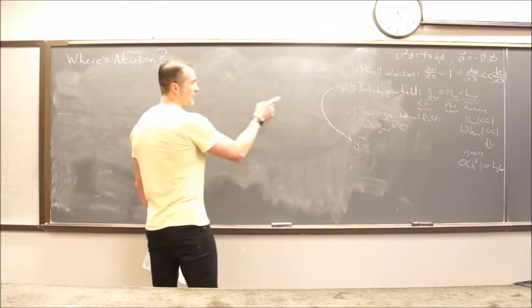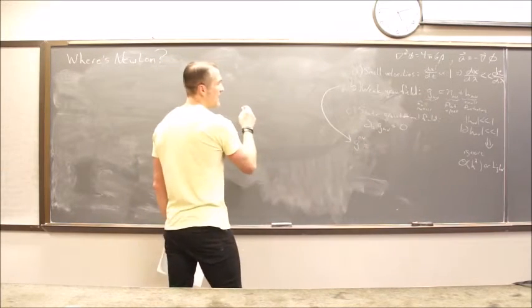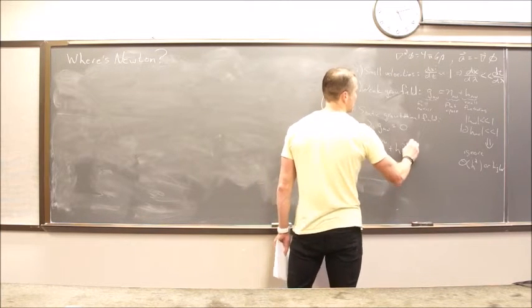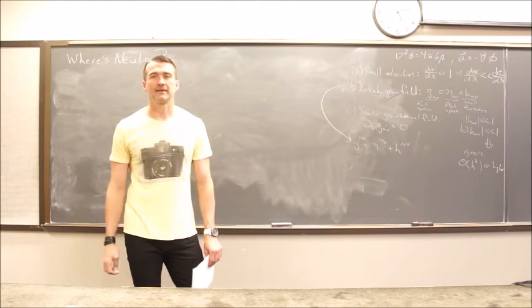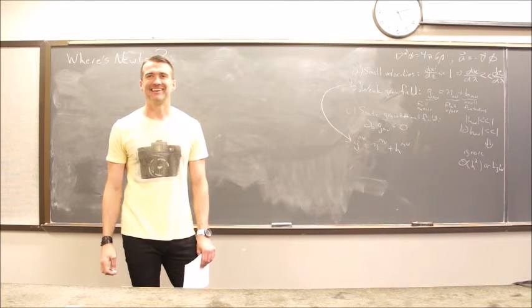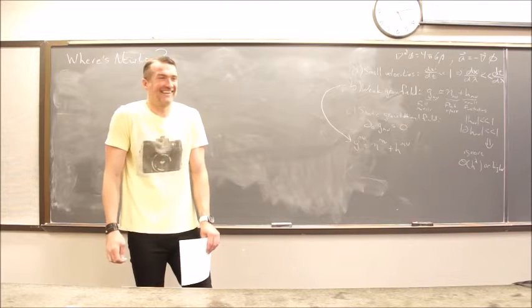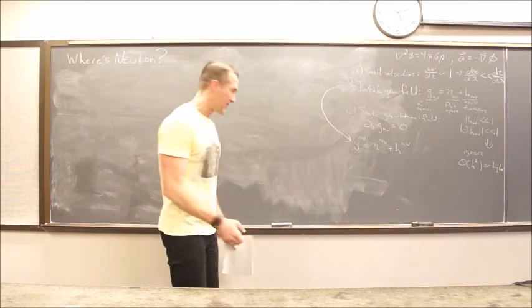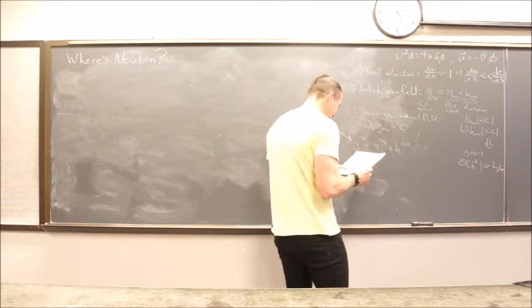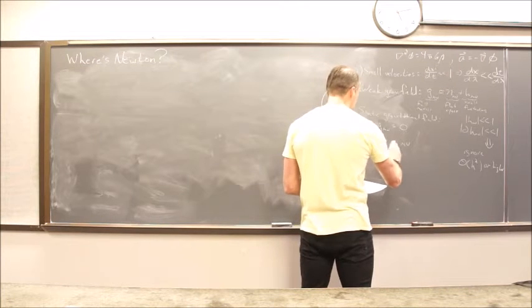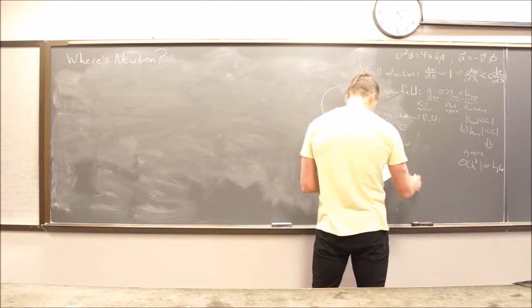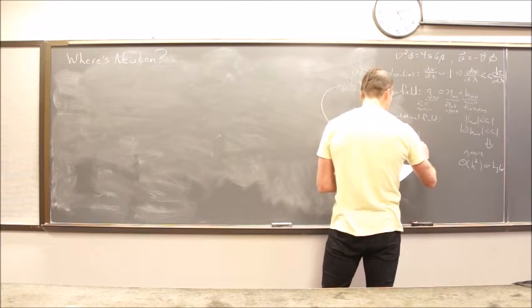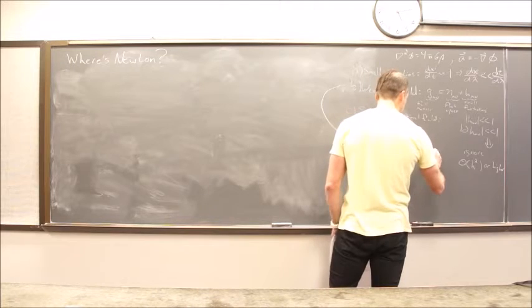Now you might say, oh, if this is the metric, then I might guess that the inverse metric would just be eta mu nu plus h mu nu. Seems pretty reasonable, right? No. I mean, that would be my first guess. But it's not right. It's actually a little more complicated than that. So the inverse metric actually turns out to be eta mu nu minus eta mu alpha, eta nu beta, h alpha beta.